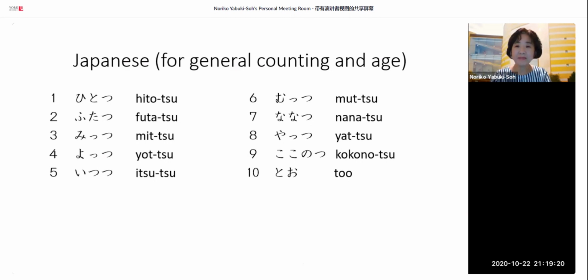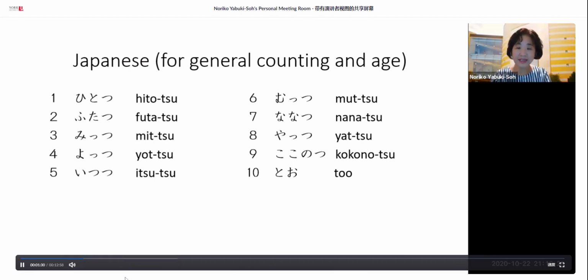Everything else except for to ends with tsu sound. And how many? The question word is いくつ.